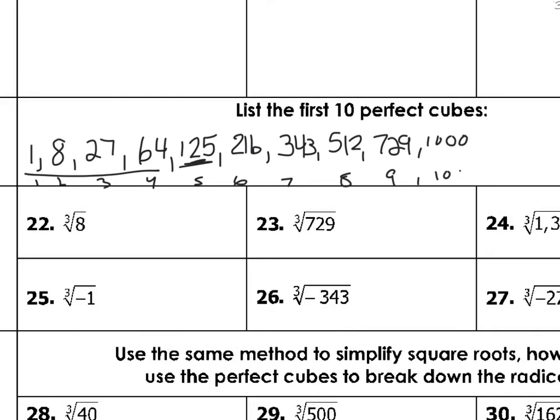Like 729. I would have broken it down, but I see right here that 729 is 9 to the third power. All right, so the cubed root, see how the index is now 3? The cubed root of 729 is, I can't say plus or minus, it's got to be positive 9, okay?